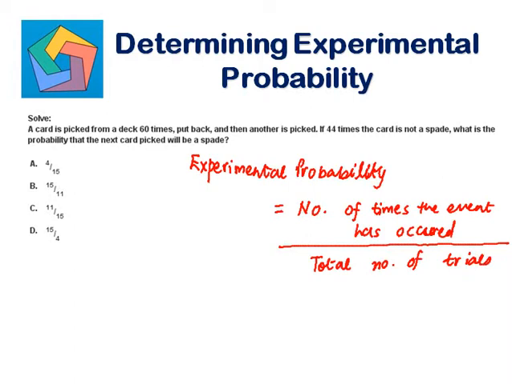This is how experimental probability is given. So now we need to calculate what is the probability that the next card will be a spade.